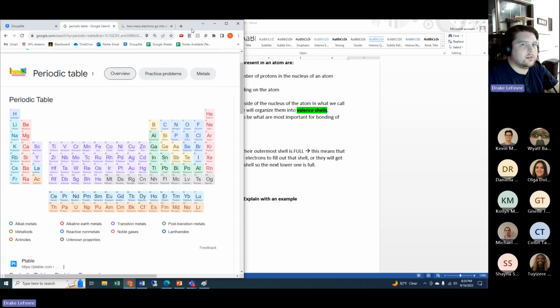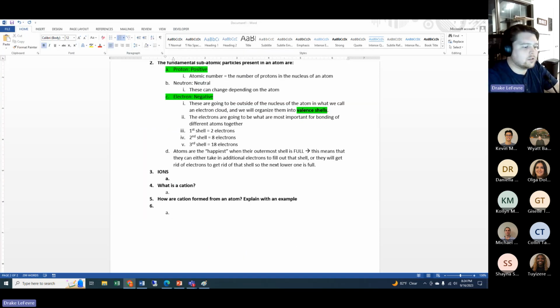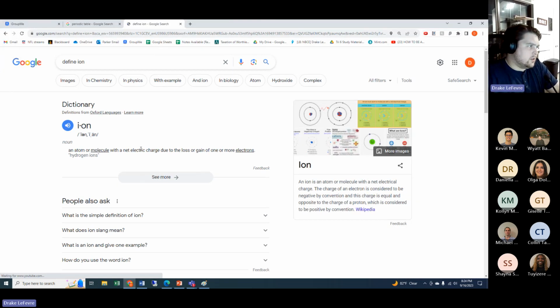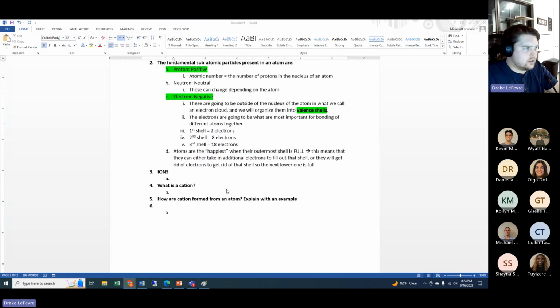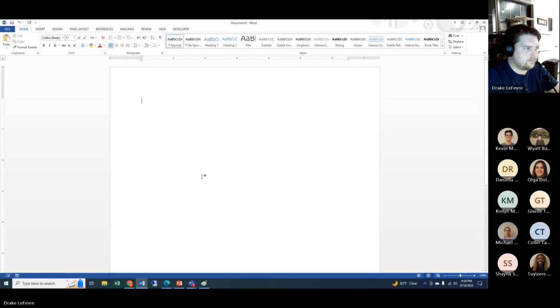And specifically, the technical definition: an ion is an atom or molecule with a net electrical charge due to the loss or gain of one or more electrons. So an ion is an atom with a charge because it has gained or lost electrons.